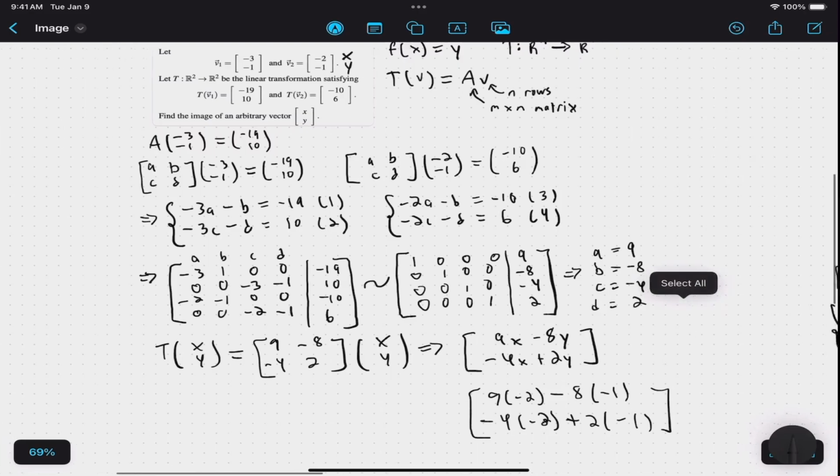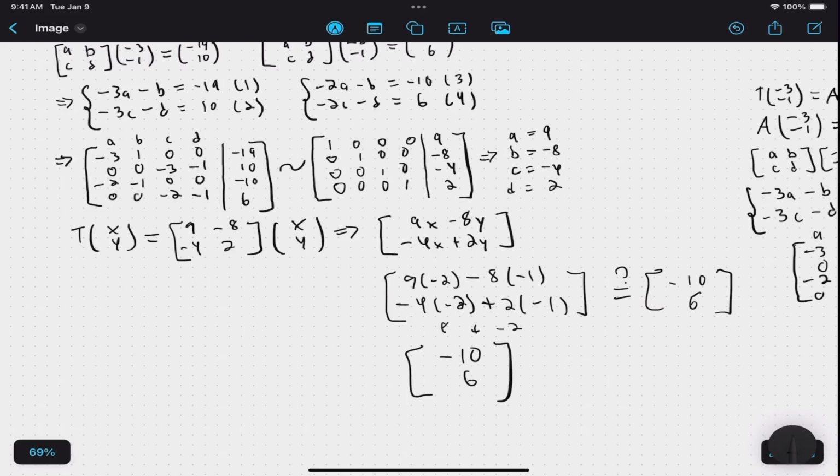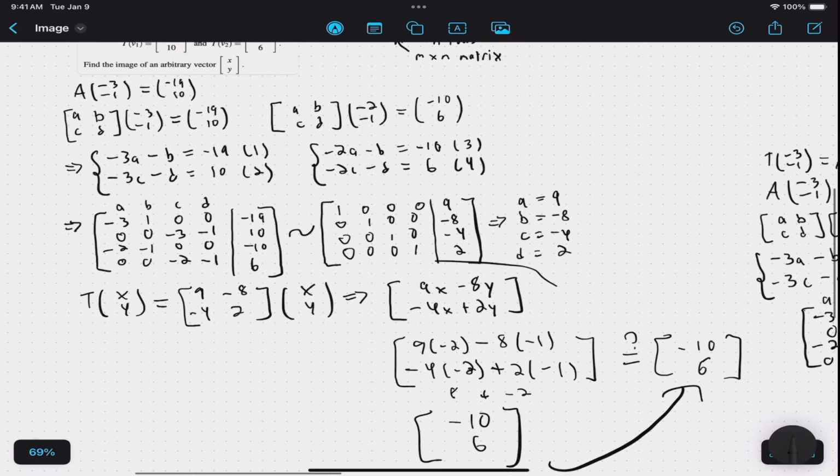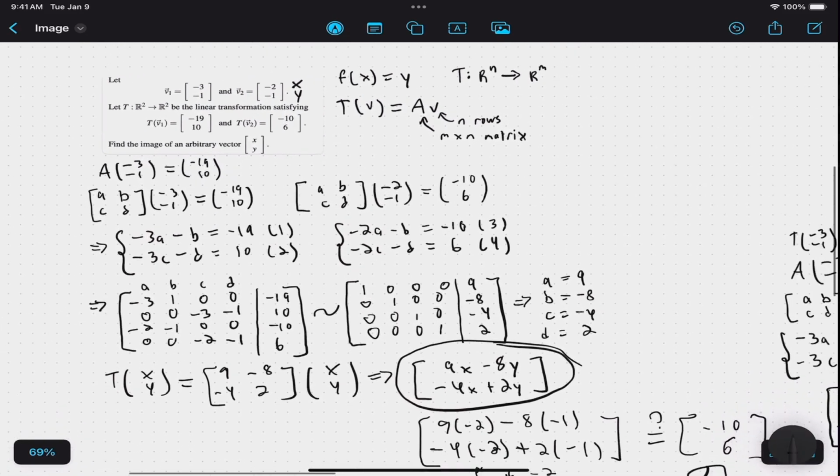And we should get negative 10, 6. 9 times negative 2 is negative 18, plus 8 is negative 10. And then here we have positive 8 plus negative 2, which is 6. And you can see that they do equal each other. So we put in any x and any y, and we have found the image of this linear transformation T.